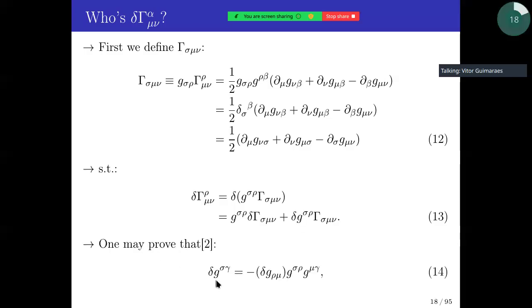So one may prove that this object here can be written as this other object here, which involves the perturbed full metric here, and g here.